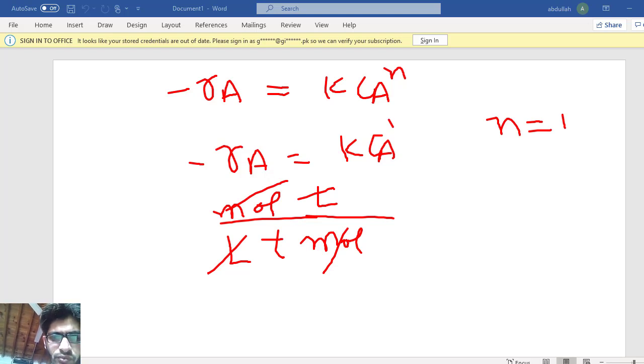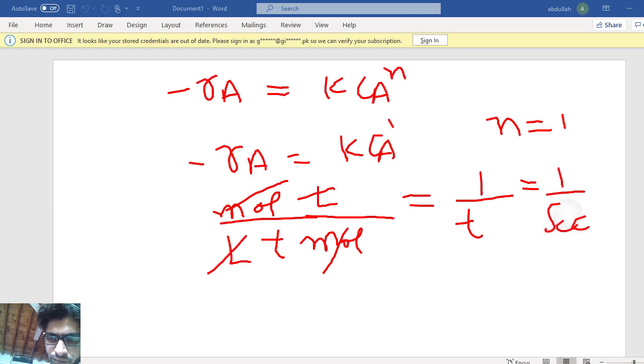So for the first order reaction, the unit of rate constant is 1 over time, or 1 over second.